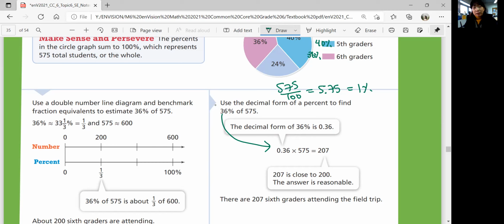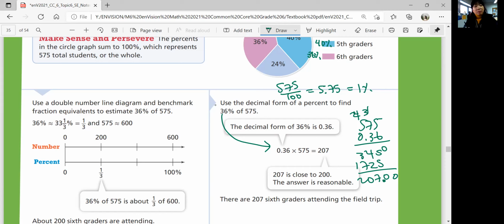And 575 times 0.36, you multiply 6 here, and then you multiply 3 to 575. And then you have 207. So 207 students would be the exact amount of 6th graders.